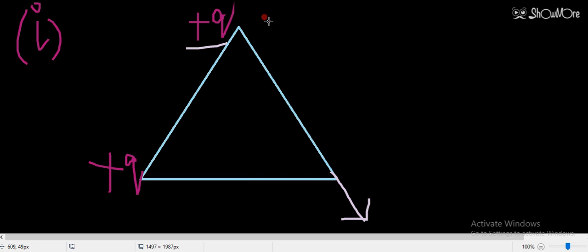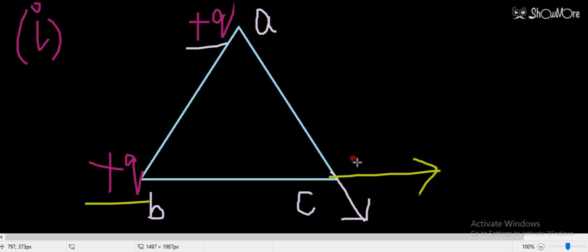This was given point A, this was given point B, and this was given point C in the given question. Due to this positive charge, the electric field will be along this direction. Now these two have the same electric field. This is L, and an equilateral triangle is there.